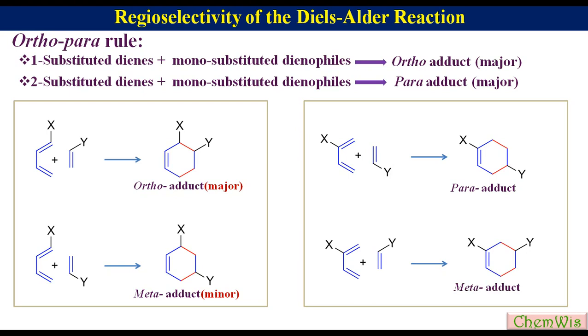According to the ortho-para rule, para adduct will be the major, while meta adduct will be minor. This rule is true for almost every combination of electron withdrawing and electron donating groups, except one case where X and Y both are electron donors. In this case, there is marginal meta-selectivity.